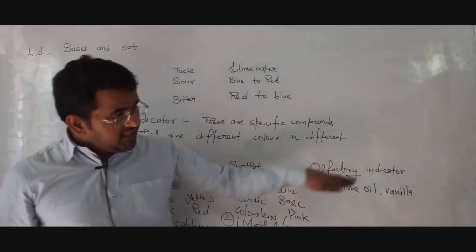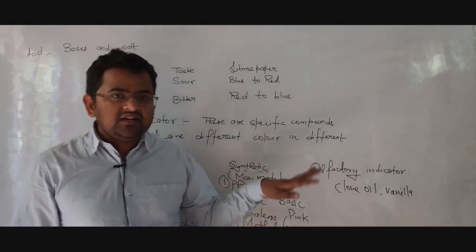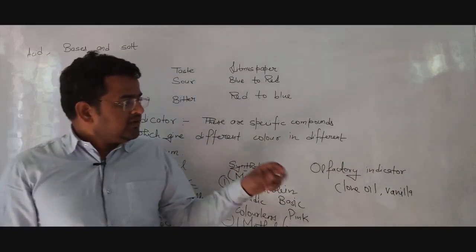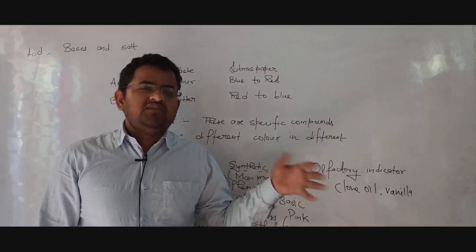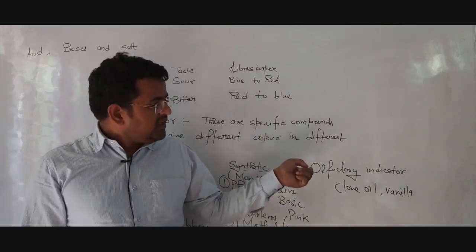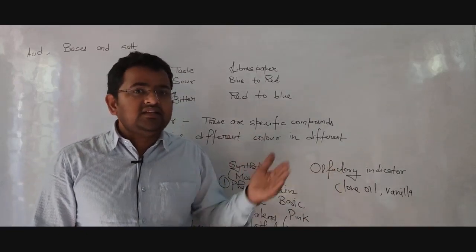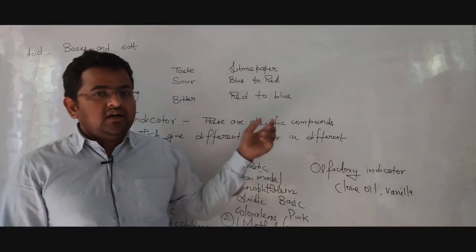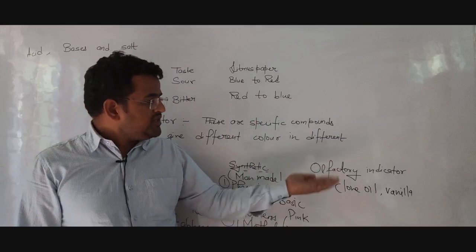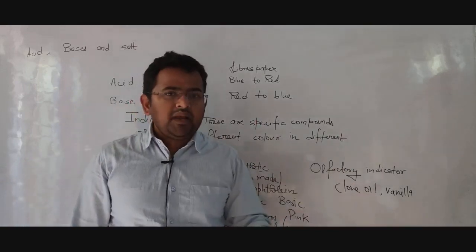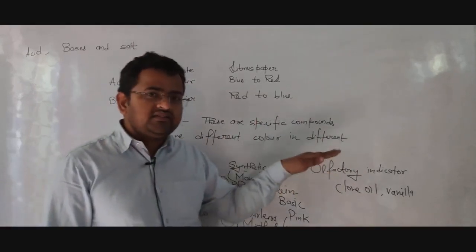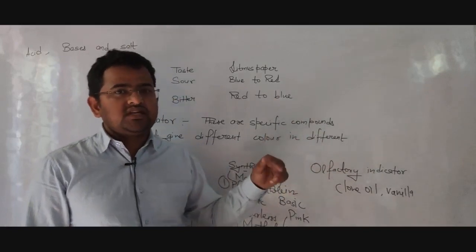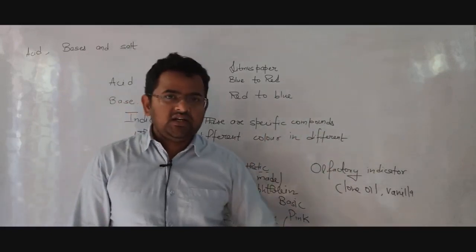Why are olfactory indicators used? If a person cannot see, he can smell things. If a blind person wants to identify which is an acid or which is a base, these indicators are used by blind people to know which is an acid and which is a base.